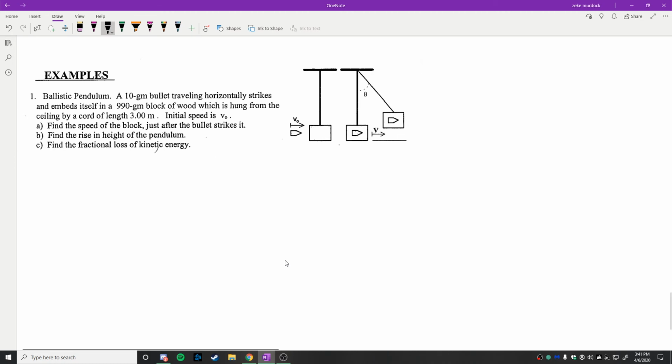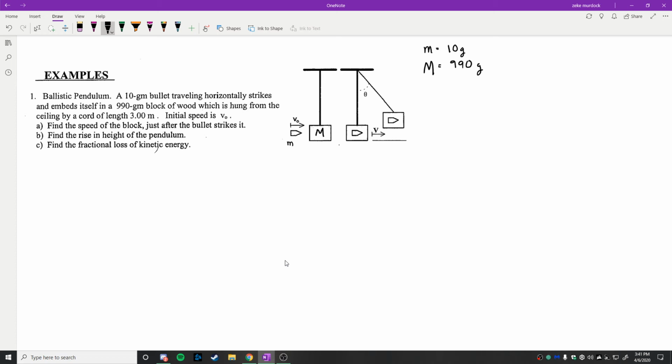A 10-gram bullet traveling horizontally strikes and embeds itself in a 990-gram block of wood. Okay, so let's label these things. Let's call this guy right here big M, and this guy right here little m. And then say that for the values given in the problem, little m is 10 grams, and big M is 990 grams.